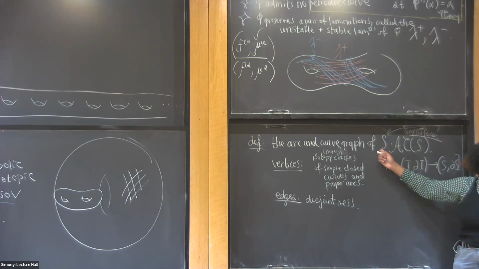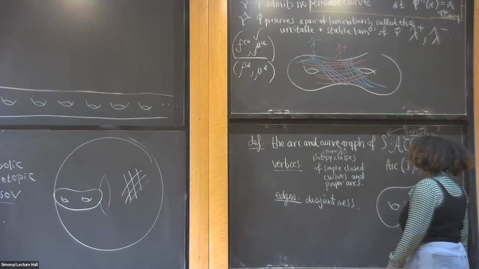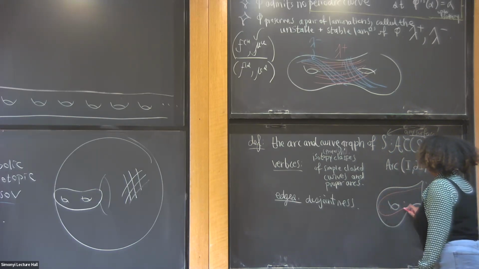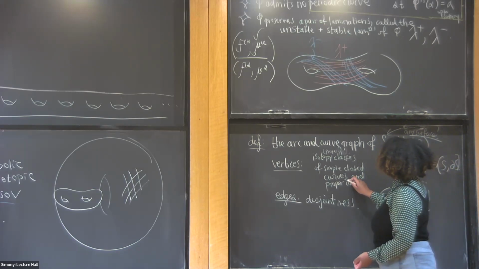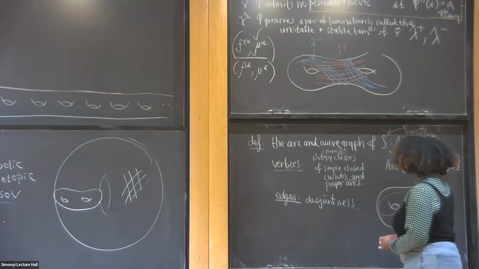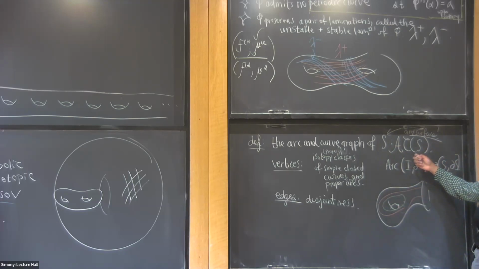I'm okay with thinking of surfaces with boundary. So I have the boundary component here. Here's a simple arc. And then I have the green curve here. That's also an element of this arc and curve graph. It's also a vertex. Is that okay?